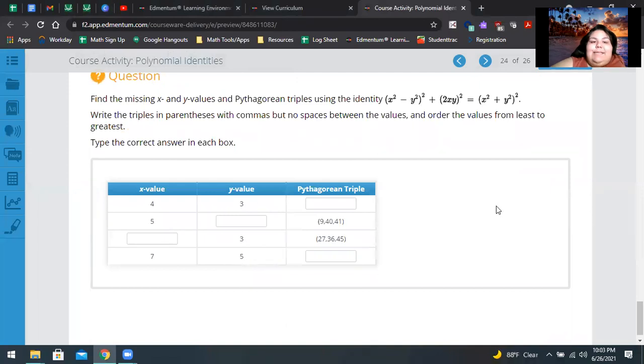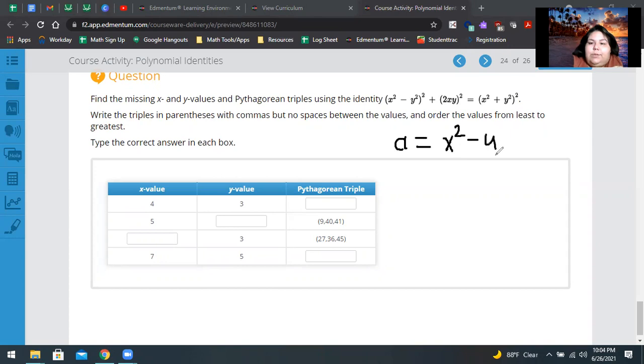So find the missing x and y value and the Pythagorean triple using the identity x squared minus y squared plus 2xy squared equals x squared plus y squared. So very similar, right? We can go ahead and find the Pythagorean triples, which is going to be the very first row and the second row. You're going to plug in these values. So if we stick to the same idea, a is going to equal x squared minus y squared.